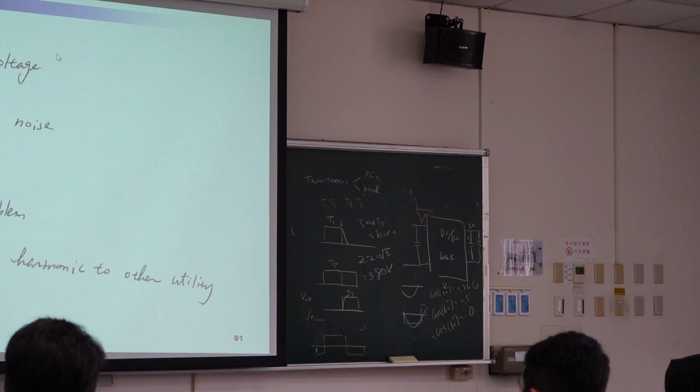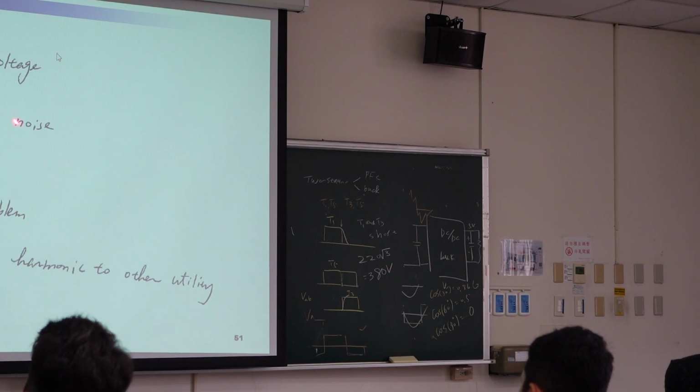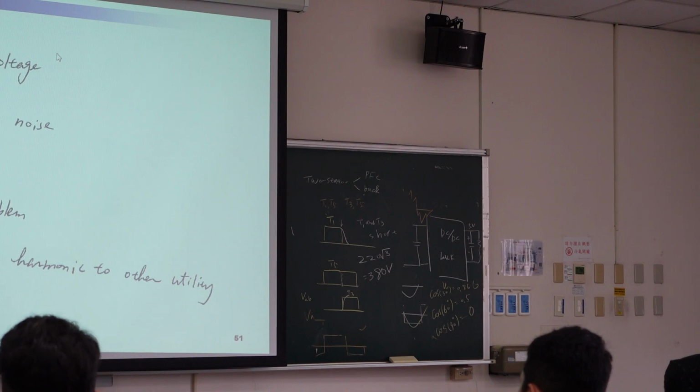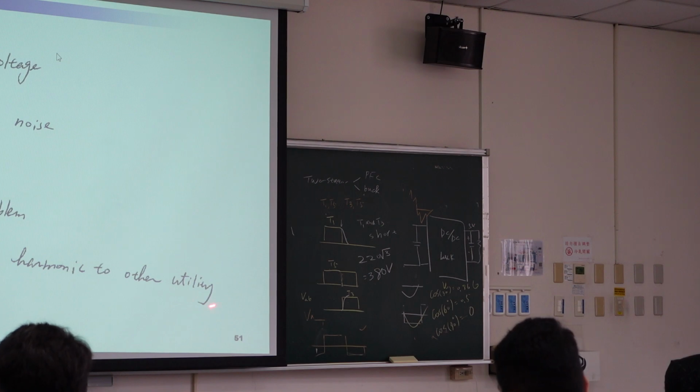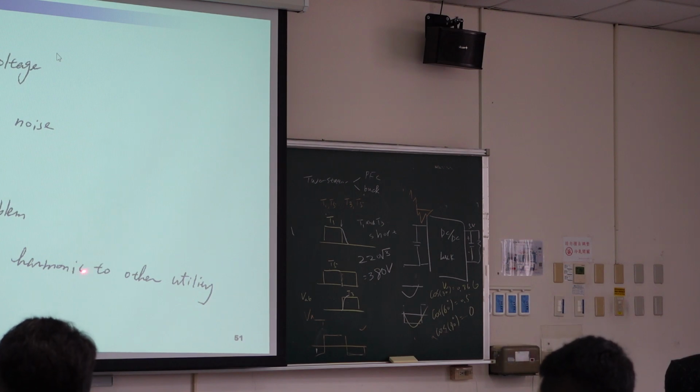So you have dv/dt. If you have a circuit to detect the zero voltage, then you have a lot of zero voltage noise, and you have no opportunity to precisely detect the zero voltage. And you create dv/dt. Sometimes it becomes resonant and becomes series harmonics to other utility. So your computer, your UPS, your cell phone always fail.